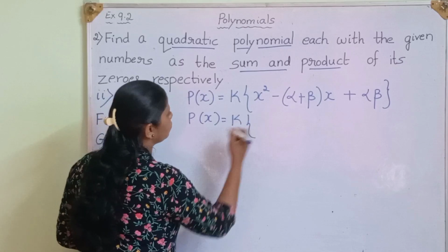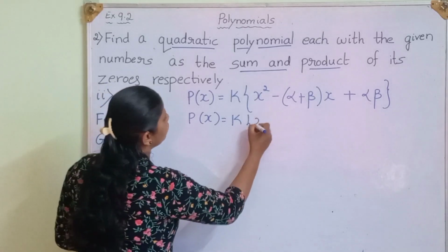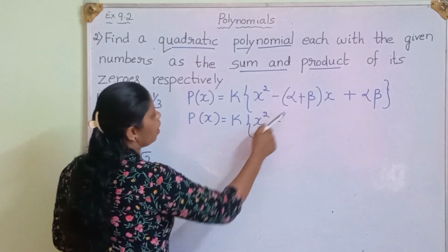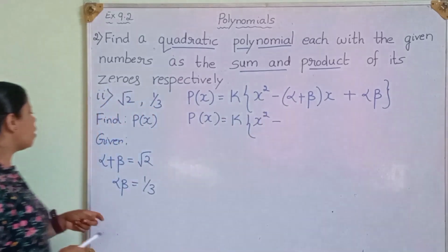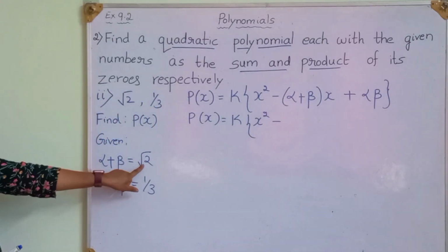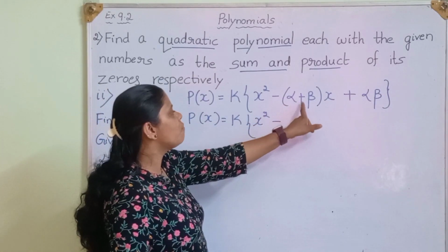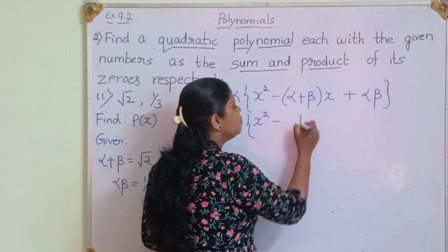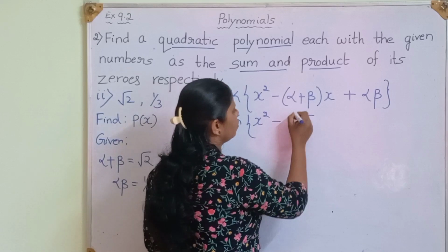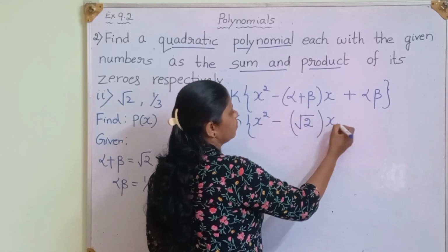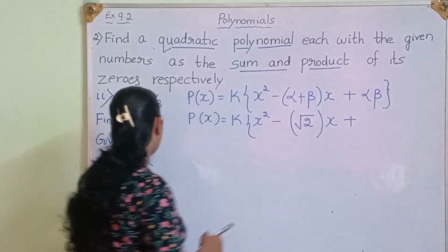Now p of x is equal to k into x square minus alpha plus beta. The value of alpha plus beta is root 2. Okay. So let us substitute in the place of alpha plus beta. We will write root 2 into x plus alpha into beta.